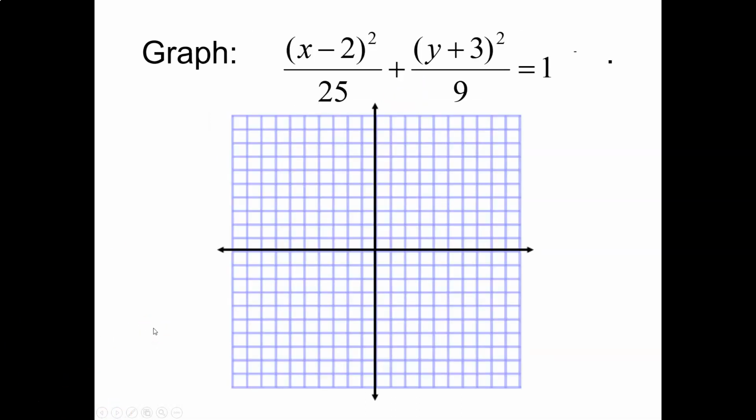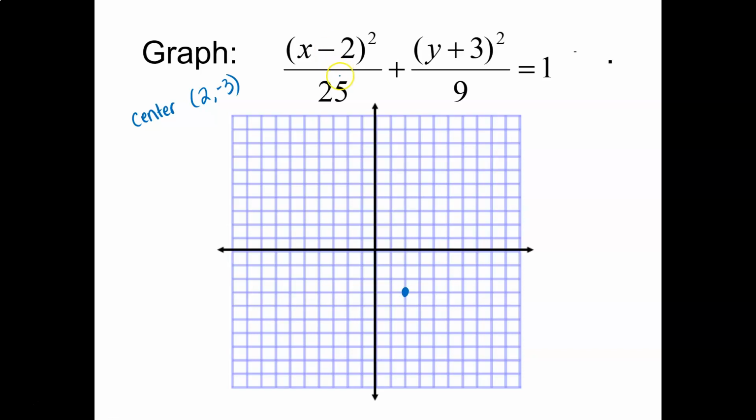Okay? So I've got x minus 2 squared over 25 plus y plus 3 squared over 9 equals 1. So this is already in standard form. So the center here would be at 2, negative 3. So I would just go to 2, negative 3 on my graph.